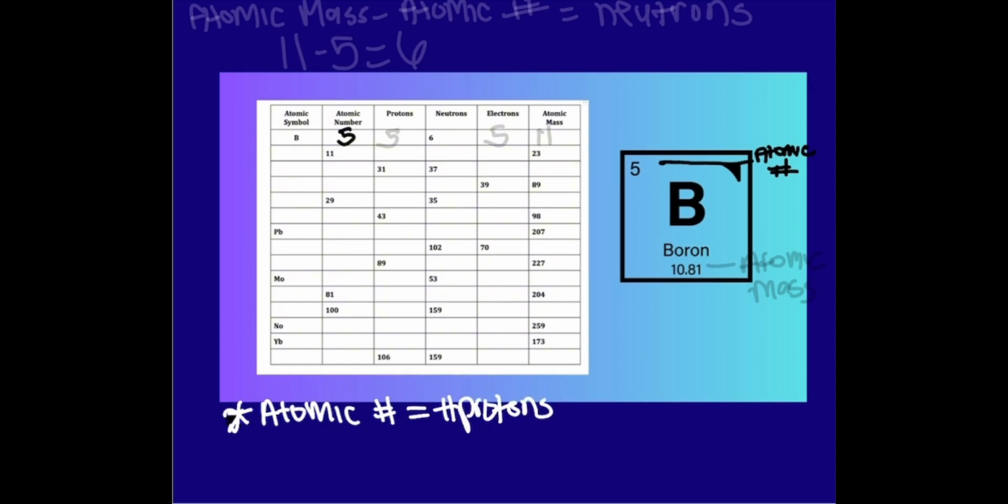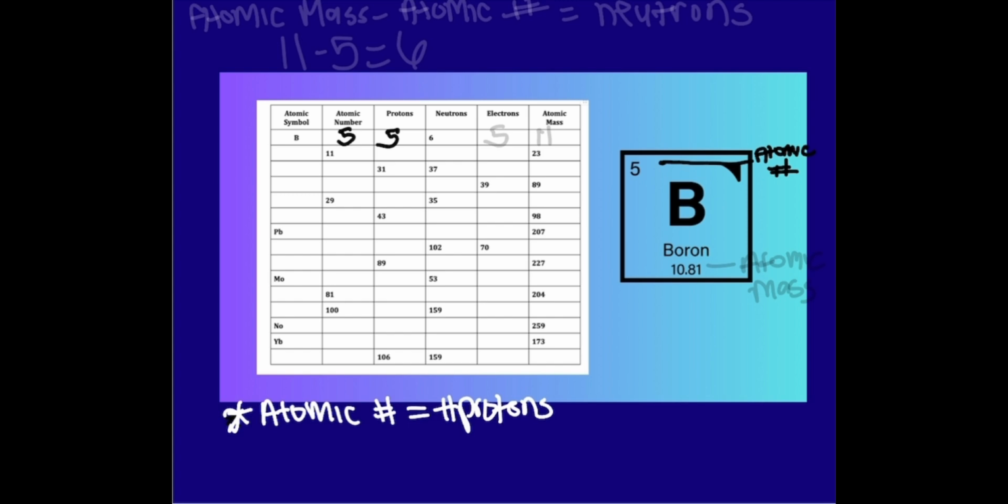So now that I know that my atomic number for boron is 5, I also know that that is the same amount of protons that I have. Your number of protons and your atomic number never change. If you change the number of protons, it changes the atomic number, which then changes the element. Okay, so that is very important to note.